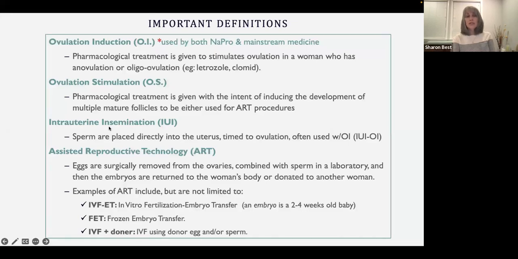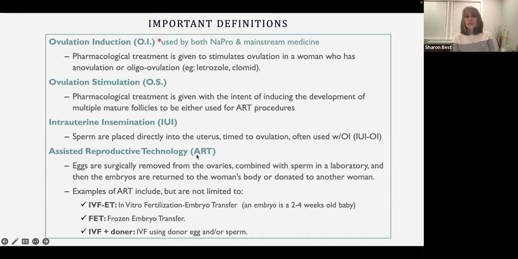We have something called intrauterine insemination, which is when sperm is taken from the semen analysis given by the male, and it is directly introduced into the uterus of the woman surgically. This is usually timed to ovulation induction or ovulation stimulation. So it's not considered reproductive technology, but it would be considered not morally illicit for a devout Catholic.